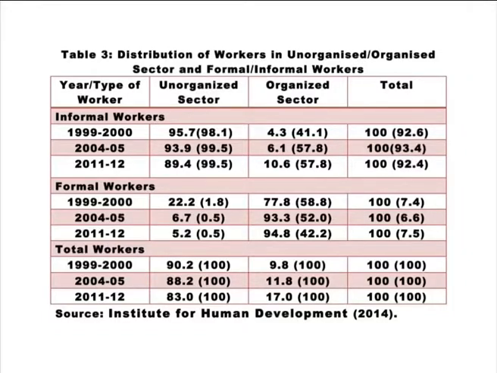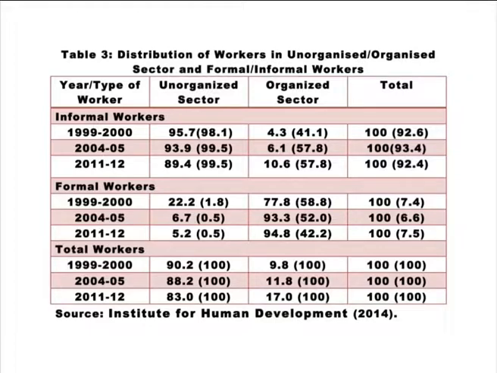Here, it must be kept in mind that the informal workers refer to all those workers who are without any social security. They may be working in the unorganized as well as organized sector. Hence, we can find that out of total workers in 2011-12, about 92% were the informal workers.